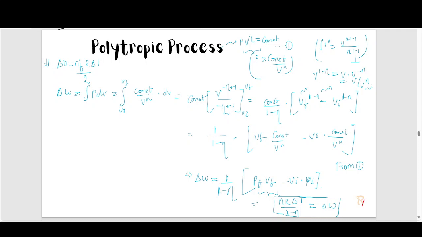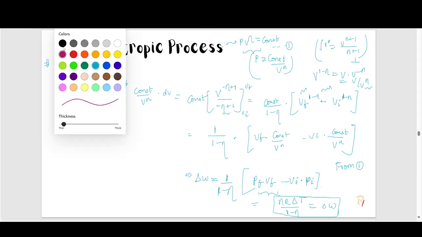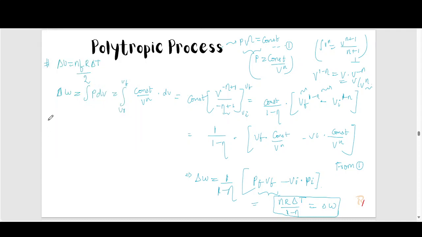Therefore let me take another color, violet. Substituting in this, delta Q equals delta U plus delta W from the first law of thermodynamics.